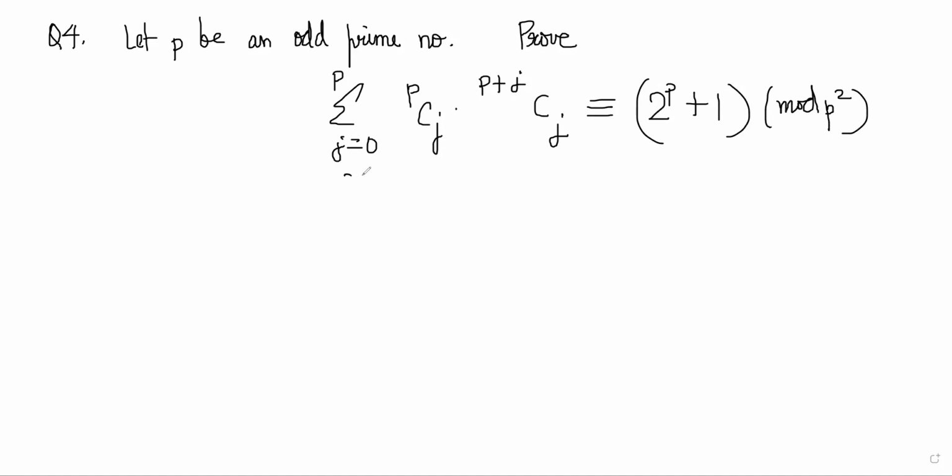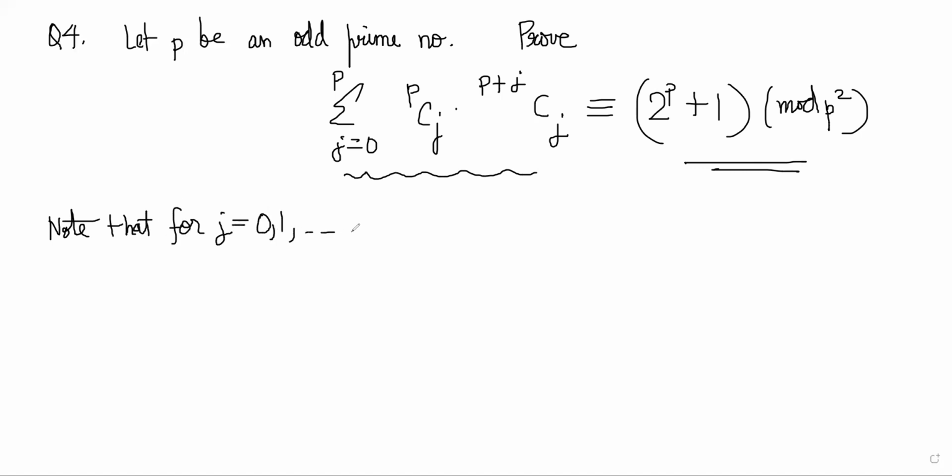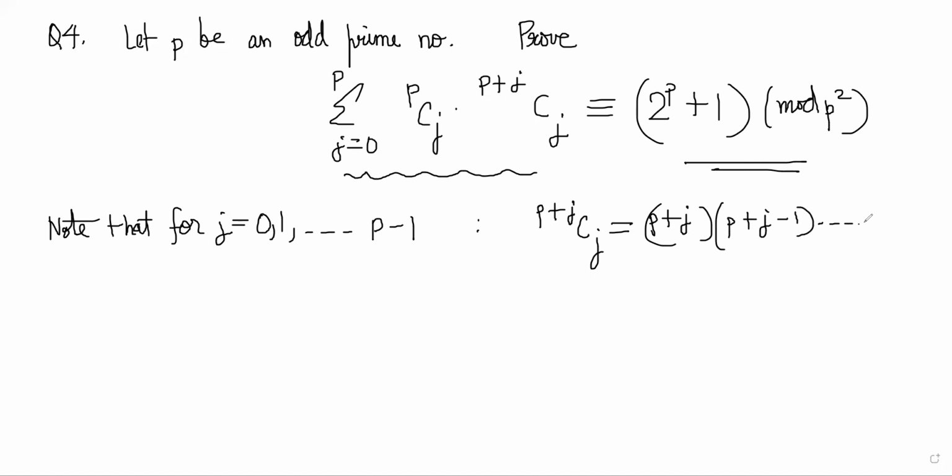So we have to show that this summation is congruent to this mod of P square, right? Okay, so note that for j goes from 0, 1 till P minus 1, what is C(P+j, j)? C(P+j, j) is simply this product, (P+j)(P+j-1) till (P+1) divided by j factorial, right?